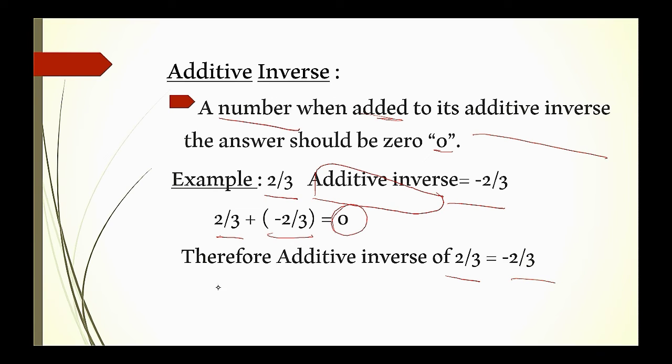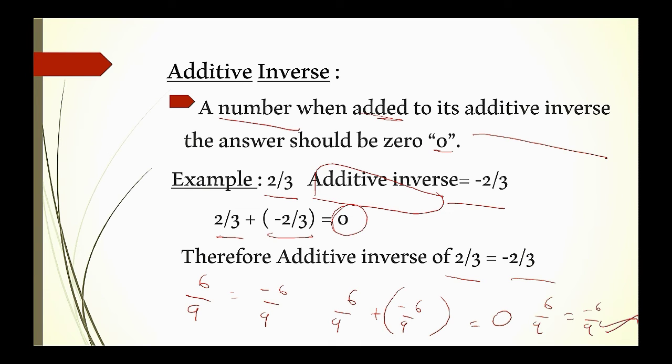Let me take an example of 6 by 9. The additive inverse of 6 by 9 is minus 6 by 9. How to prove it? When I add 6 by 9 with minus 6 by 9, the answer should be equal to 0. Here I am adding 6 by 9 plus minus 6 by 9. The answer is 0. So therefore, the additive inverse of 6 by 9 is minus 6 by 9.